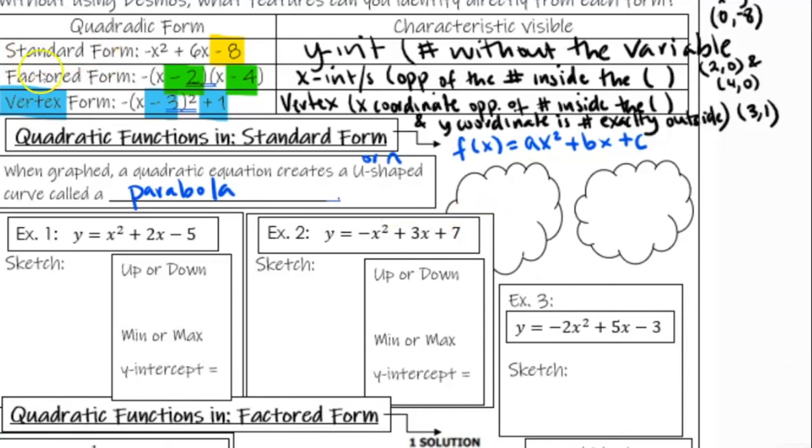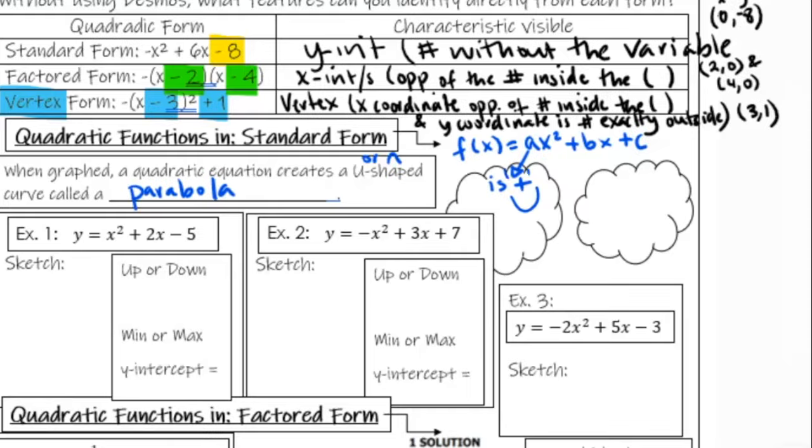From any of the forms, I can tell the direction of my parabola. In other words, is my parabola a U or an N? And it's based on the very front, the highest power, if that's positive or negative. So if A is positive, now just think about that for a second. Positive people are generally what?